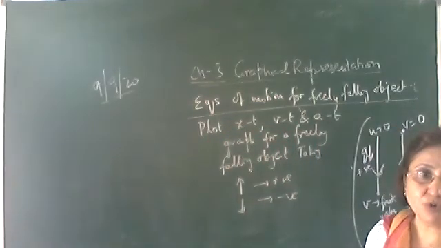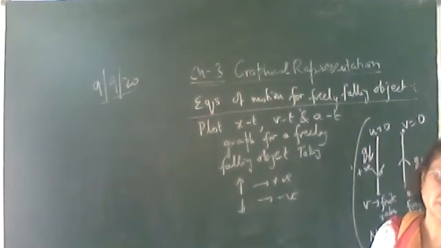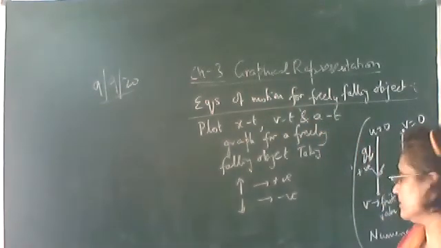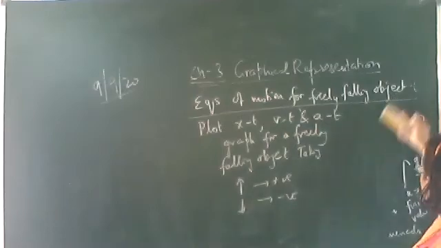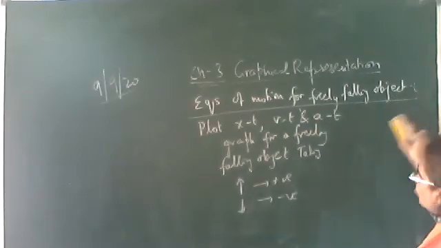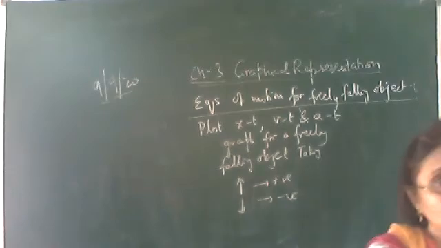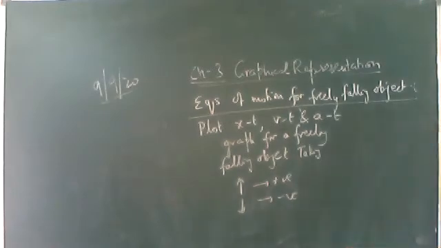Now here the motion is in the downward direction. xt, vt, at all will be in the negative axis. Why? Because the object is dropped from a height. Try to plot the xt graph, vt graph and acceleration time graph. It is uniformly accelerated motion.